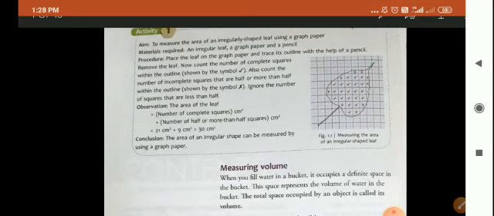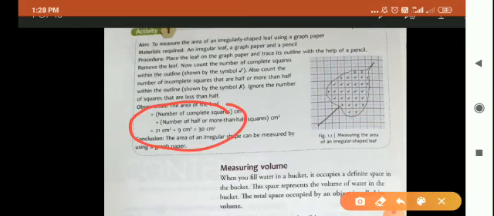So here the calculation is also given. You can do this activity practically also. From this diagram, which is given in your book, figure 1.1, the number of complete squares lying inside the outline of this leaf is 21.